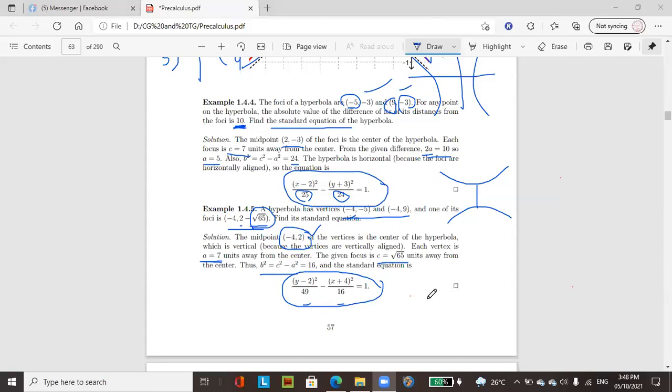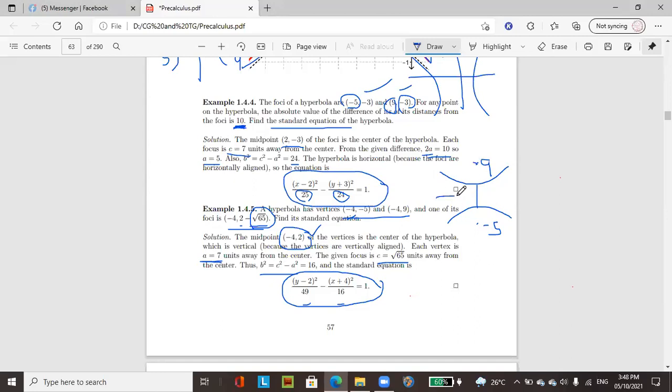Sir, how did you get a? The a is the distance from the center to the vertex. The vertices are at negative 5 and positive 9.